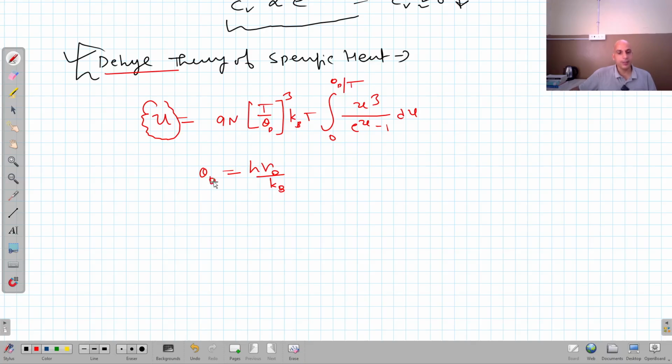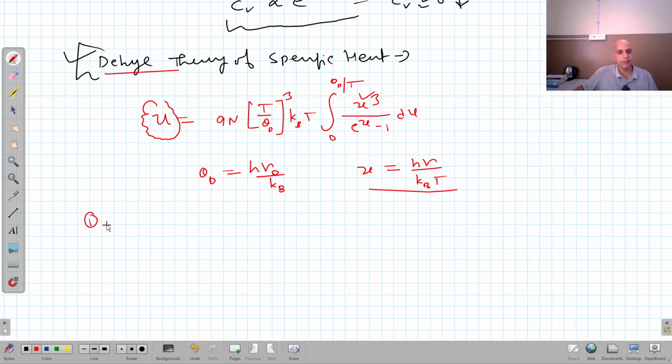Theta D is called the Debye temperature, and nu D is the Debye frequency. kB is the Boltzmann constant, T is temperature, and x is equal to h nu upon kB T.